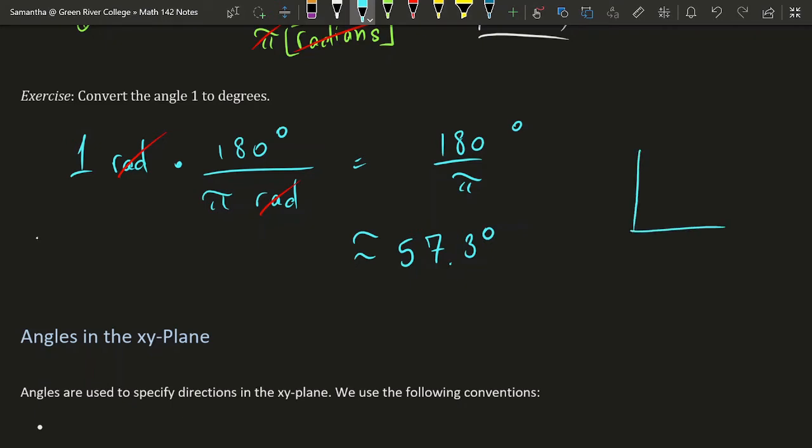Visualizing this, it's a little bit larger than 45, which is perfectly diagonal, and quite a bit smaller than 90 degrees, which would be this right angle. So it's going to be, roughly speaking, around here. This would be 1 radian.